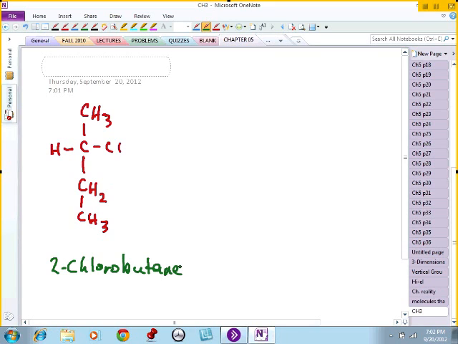We just did that, right? Okay, so that is 2-chlorobutane. Good. Supposing I draw the mirror image. Let us draw the mirror image of that molecule.